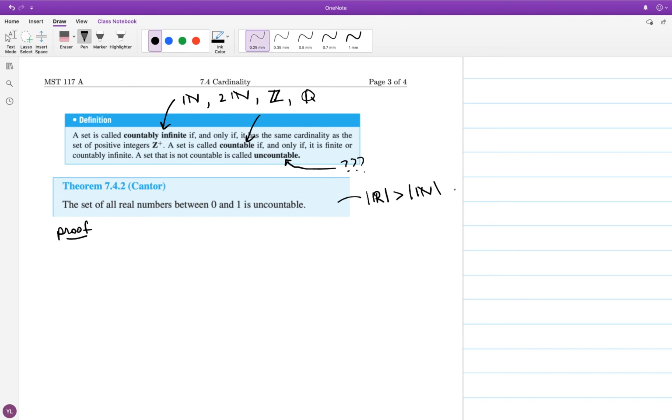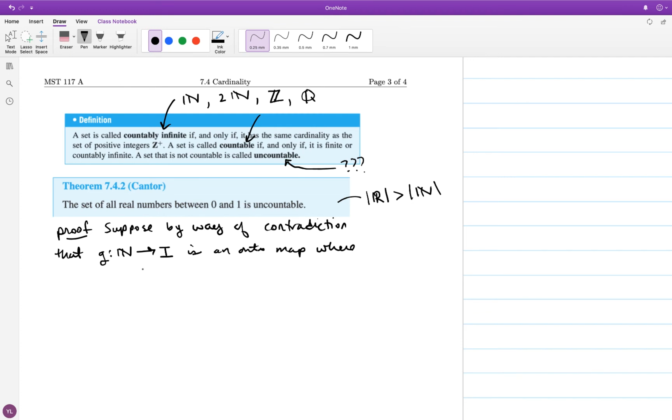And if there's no bijection from N onto those numbers, if there's no onto map, well, no, that's what I want to argue. I want to argue that there's no onto map from the natural numbers onto the real numbers from 0 to 1. And from that, I conclude there's no bijection there. Okay, so suppose that g is an onto map from the natural numbers onto I. I is my notation for the real numbers in between 0 and 1.